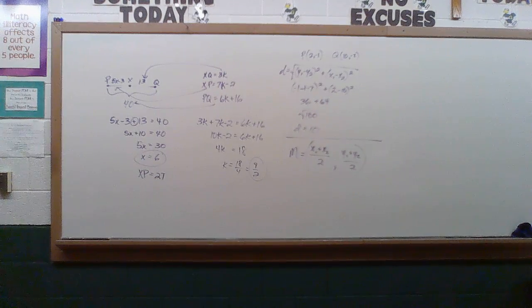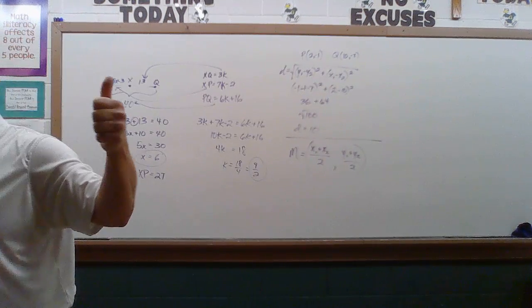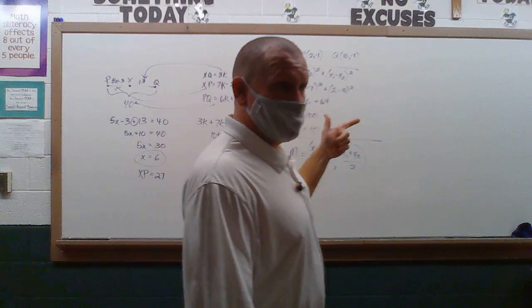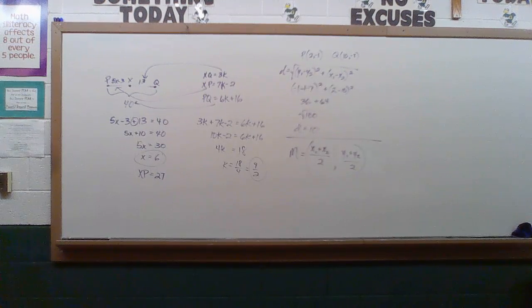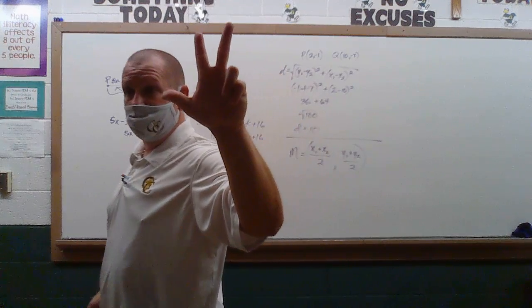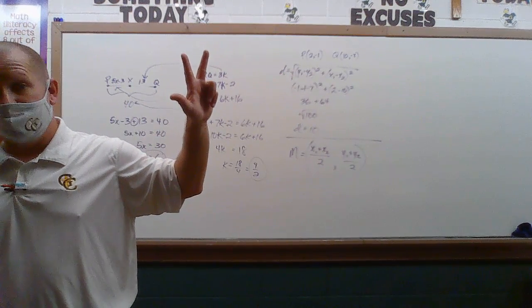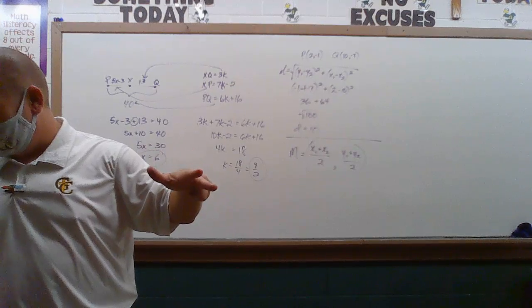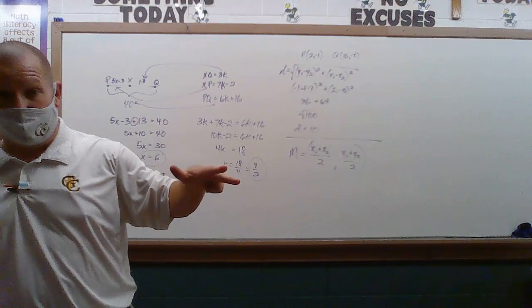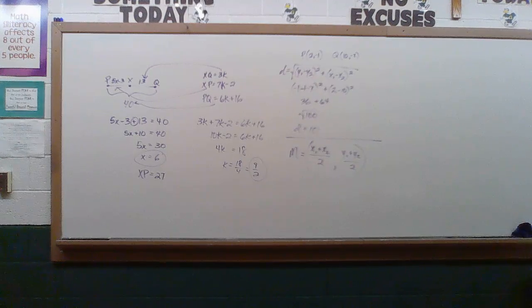Then we talked about supplementary angles, which meant what? Added up to 180. Complementary angles, added up to 90. Linear pair: 2 or more angles that add up to 180, but also have to make a what? A straight line.